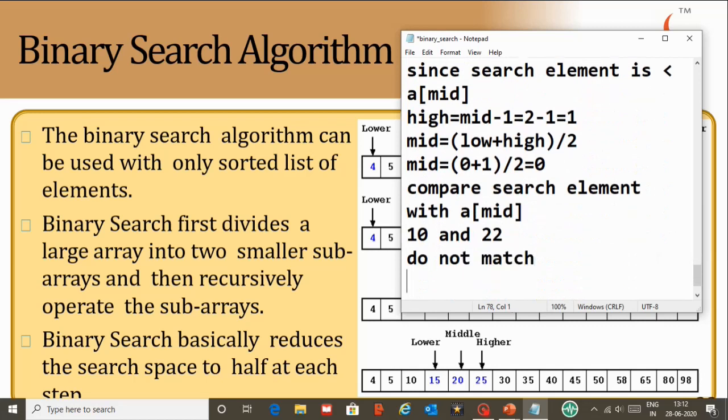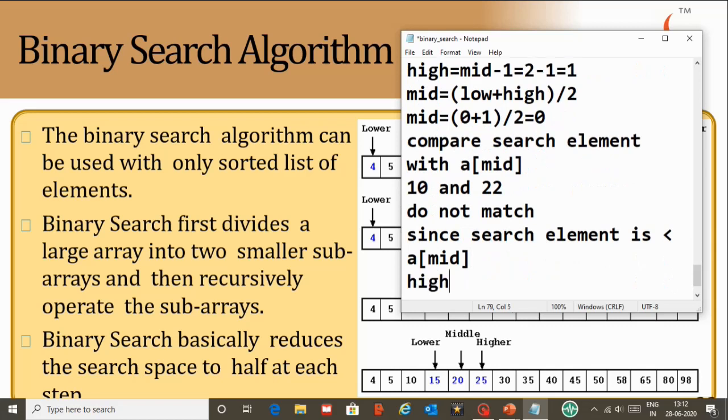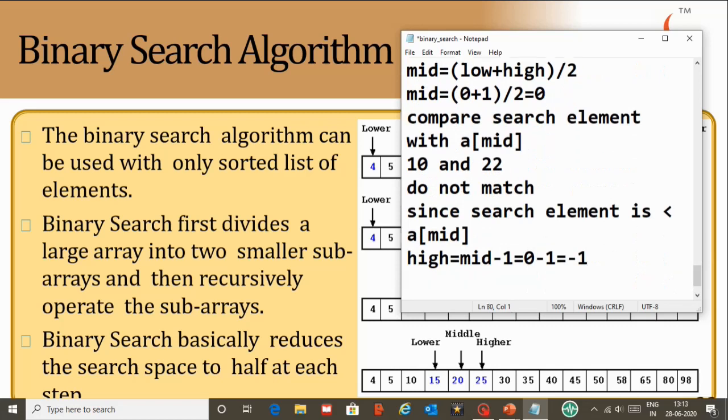So check, since search element is less than A of mid, high is equal to mid minus 1, which is nothing but 0 minus 1, which is minus 1. 0 minus 1 is minus 1, correct?